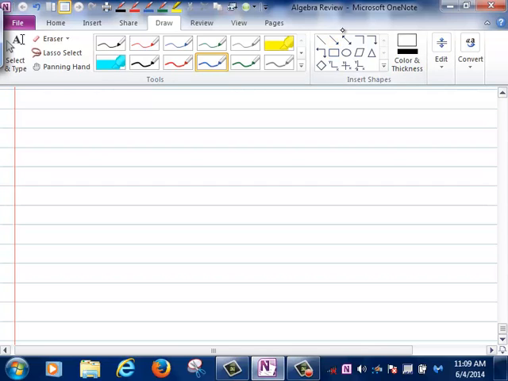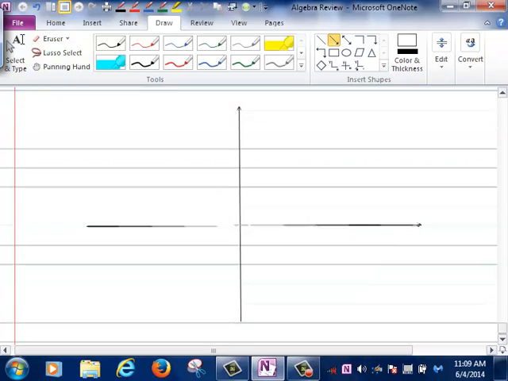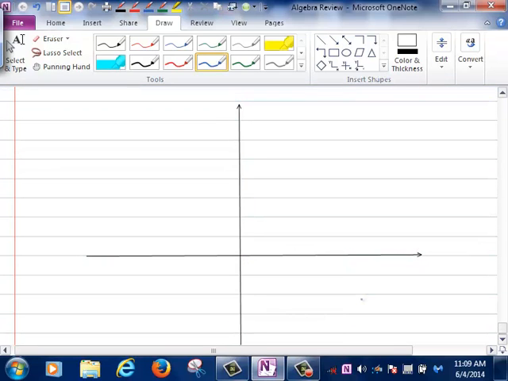So here's the graph of tangent. Okay, let's say, I'm not going to be that precise now. Let's say this is pi over 2.